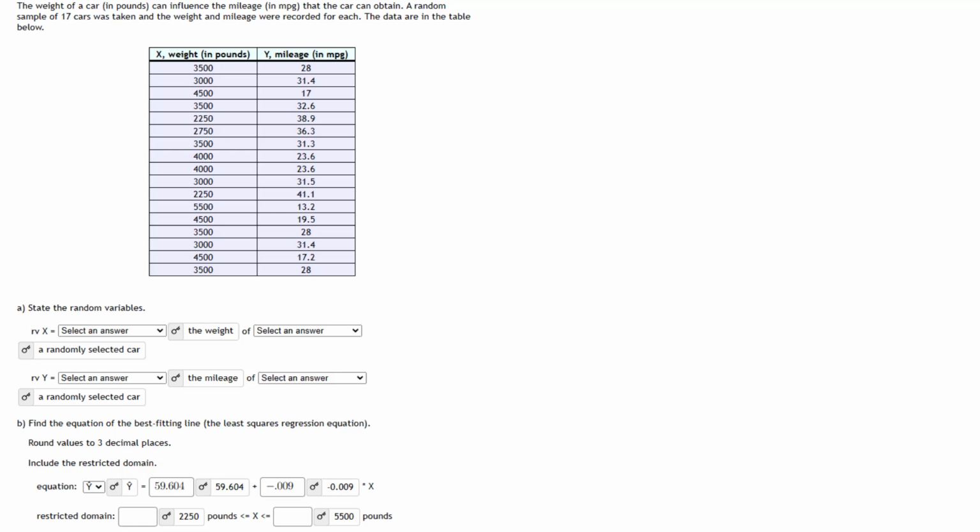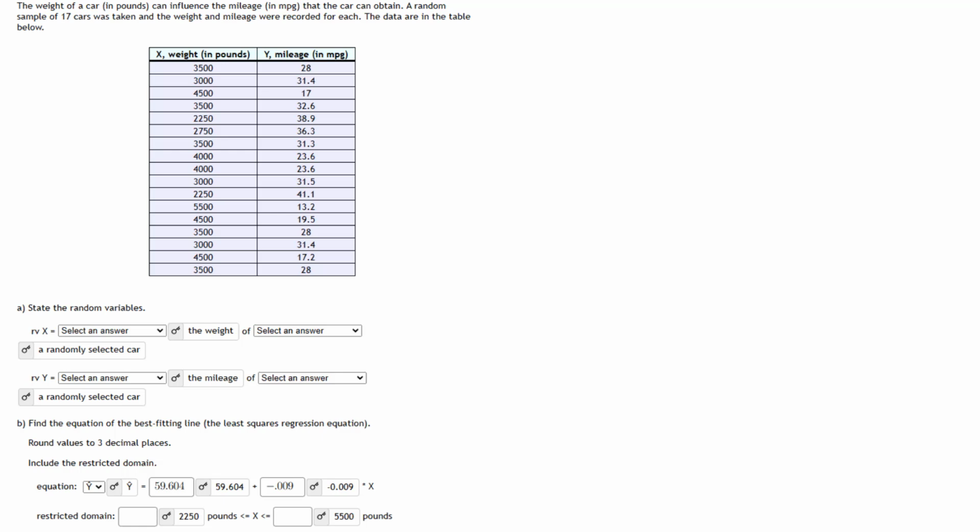If we put a car in there that weighs a lot less, so 1,000 pounds or something, a super light car, we don't know if this trend is going to hold. I mean, obviously it should get better gas mileage, right? It should go up. But is it going to go up at the same rate that these are? Because remember, we have a linear function, so we have a straight line happening here.